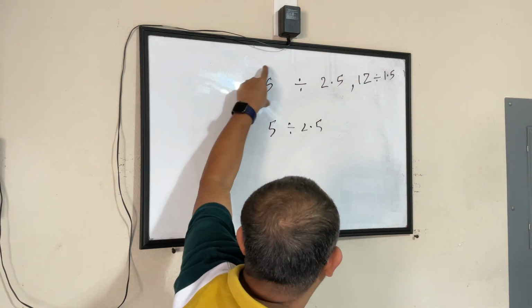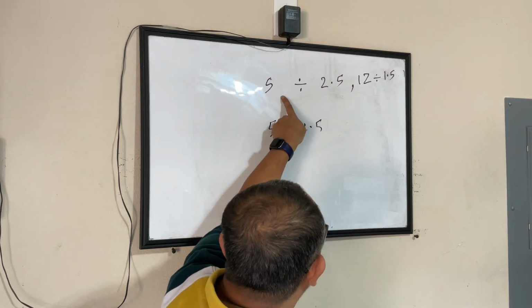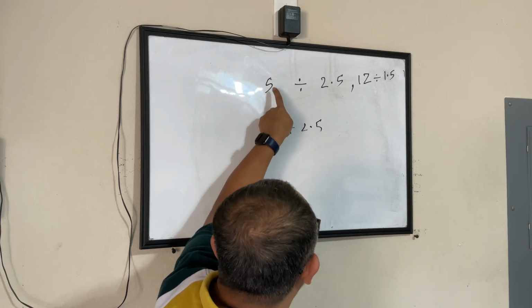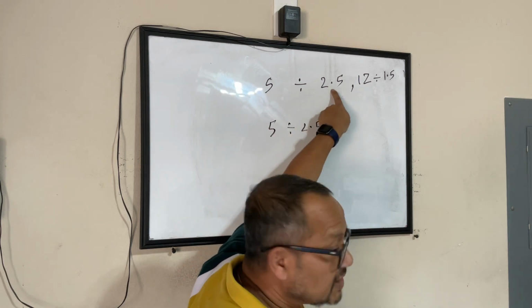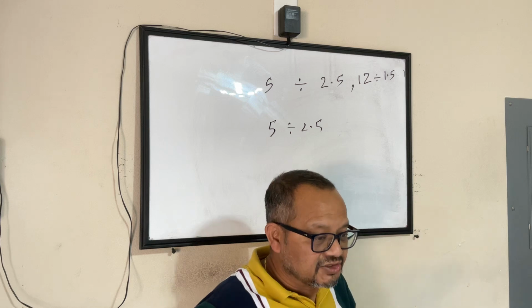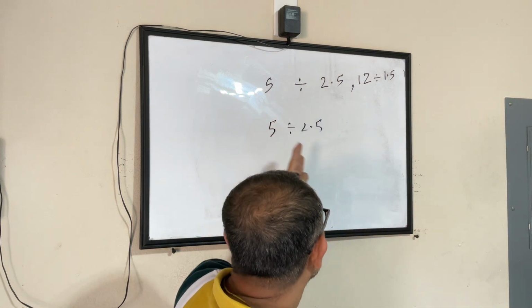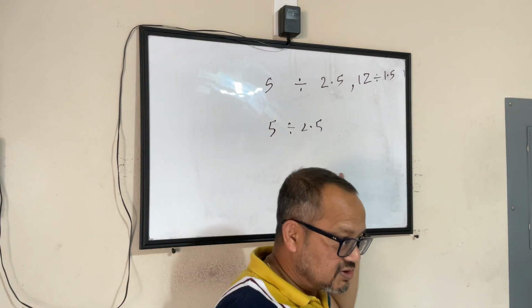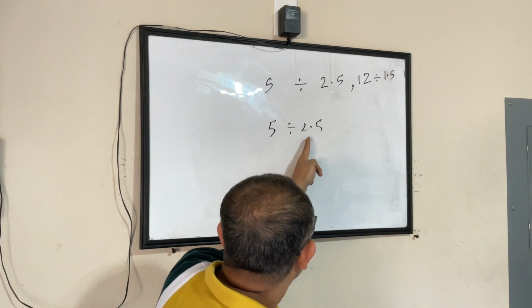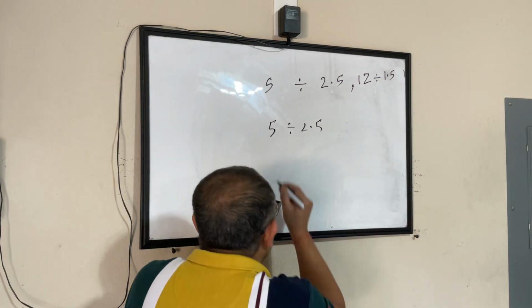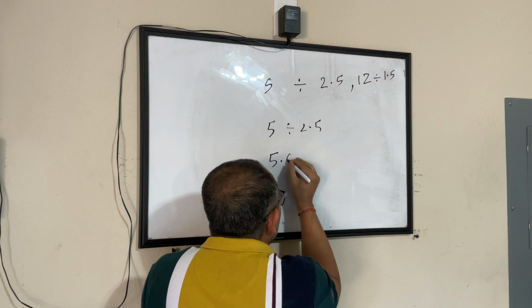If you're trying to divide 5 by 2.5, you will stop here, saying, no, I cannot do that. This one has no decimal. This one has one decimal. You have to first match the number of decimals in both the numbers. But we know that 5 I can write as 5.0.